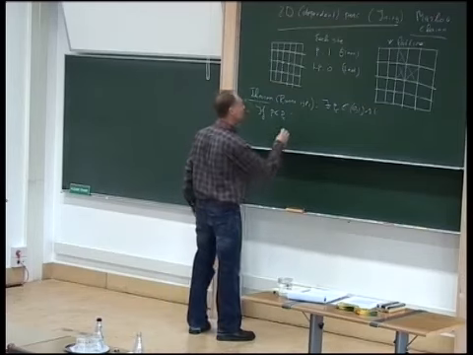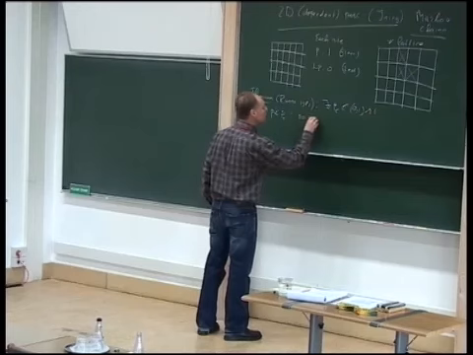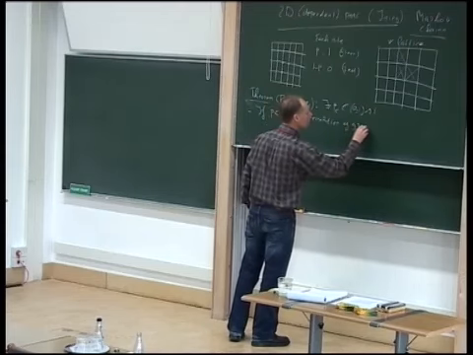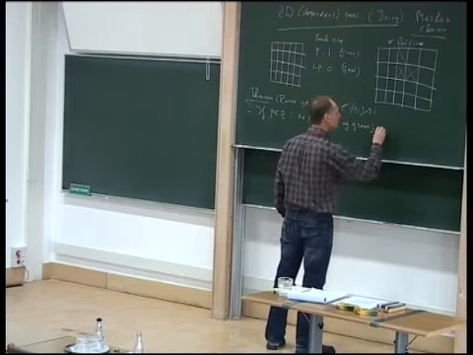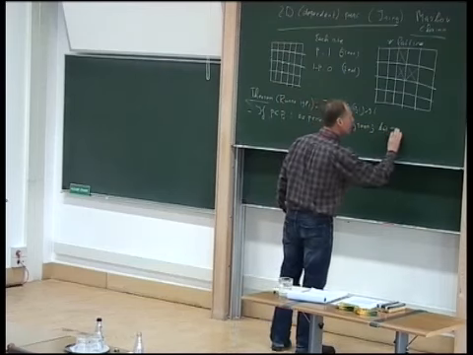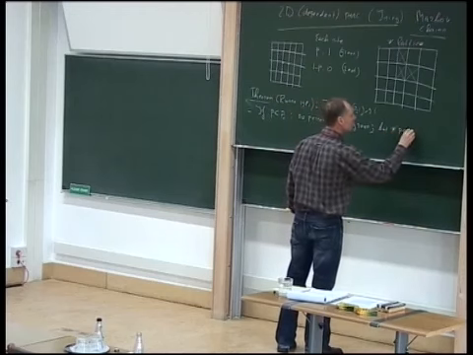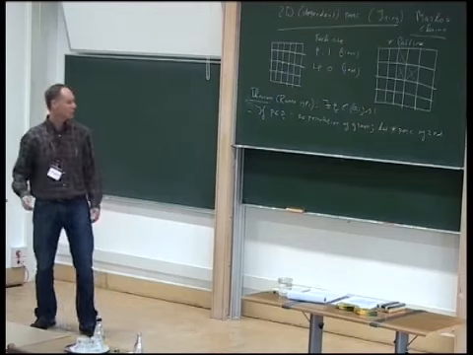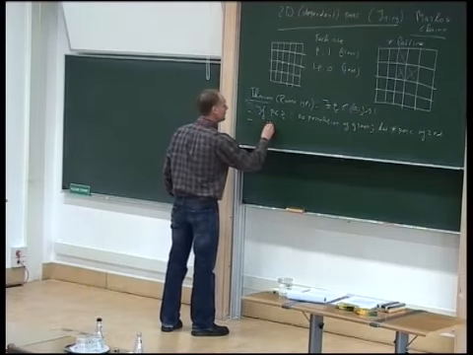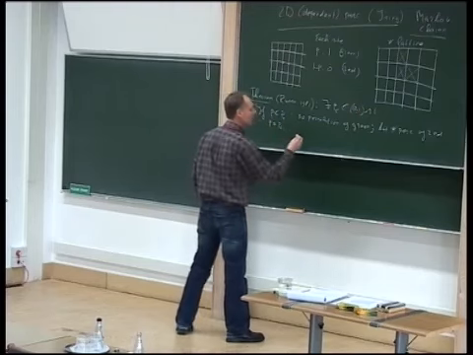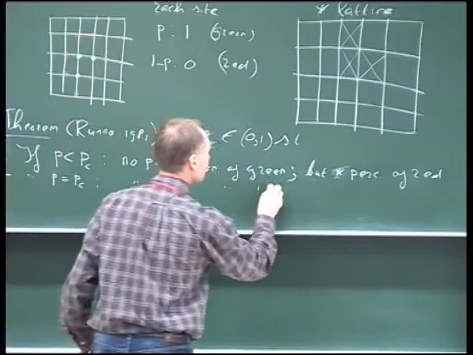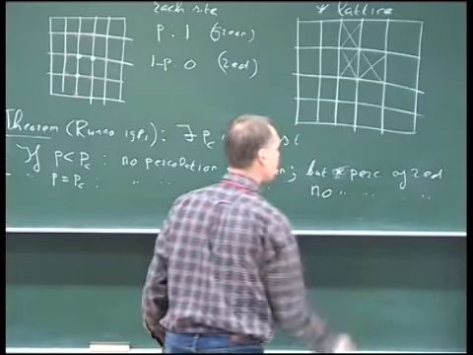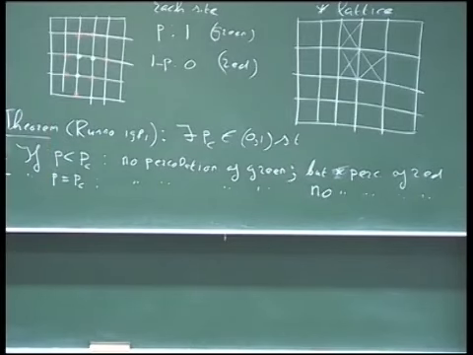So I will write it in this way: no percolation of green, but there is star percolation of red. So there is an infinite red cluster on the star lattice with probability 1. And if p equals p_c, then there is no percolation of green, and also there is no star percolation of red. So neither of the two forms of percolation occurs.